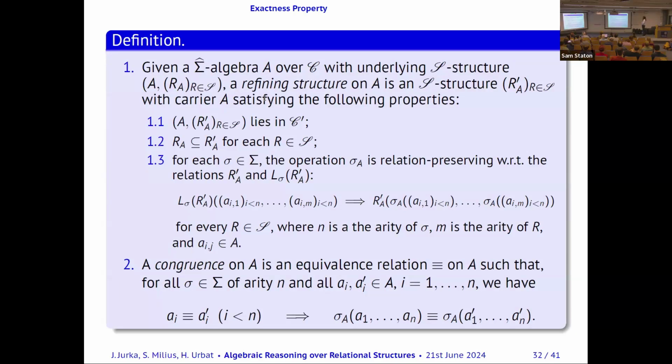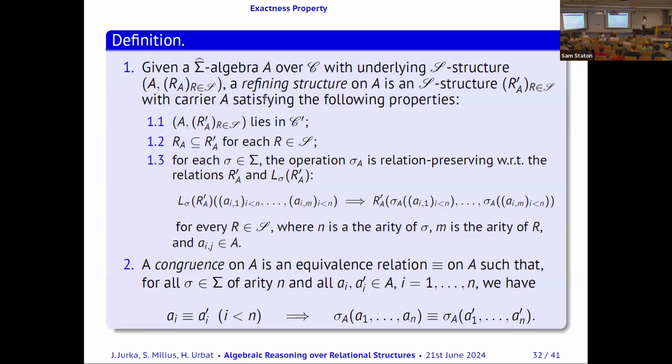All the details aren't important here, but what's important is that we have a congruence as usual, and then we also have a refining structure. It's this R prime that refines this R, and what's important is this first axiom.